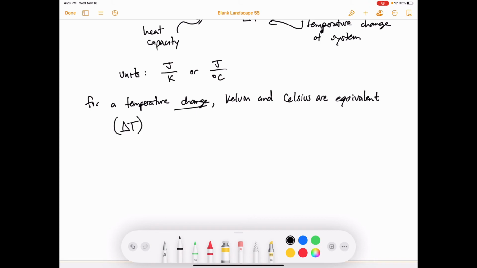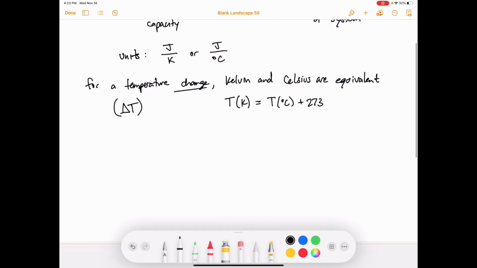Okay, so I want to remind you that the temperature in Kelvin is just equal to the temperature in degrees Celsius plus 273. Okay? So what if I had a temperature change then, which I'm measuring in Kelvin? Well, that would be the final temperature in Kelvin minus the initial temperature in Kelvin.